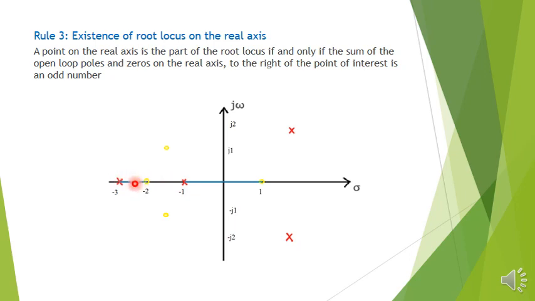Once again this one, because 1, 2, 3 poles and zeros together exist on the right side of this point, so it is a part of the root locus. So like this, any point on the real axis is a part of the root locus if and only if the total number of poles and zeros on the right side of that point is an odd number.